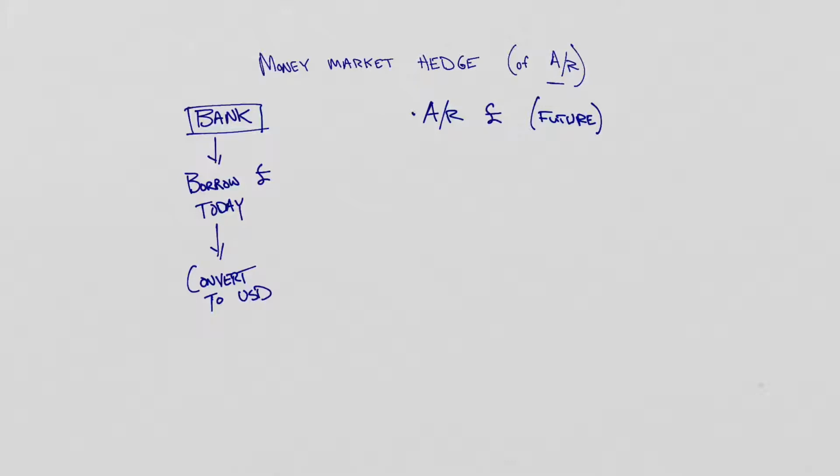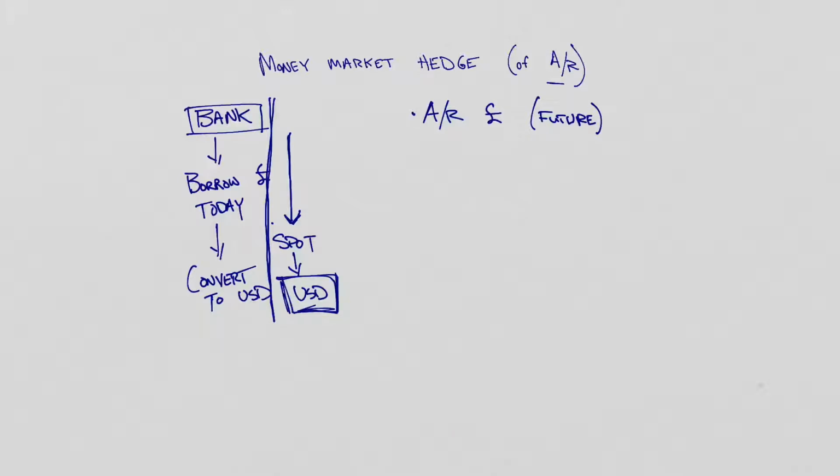And you can see here, we're sort of done, because if we did this quickly enough, as soon as we booked the sale, we went to a bank and borrowed the proceeds in pounds, and with those proceeds, we converted it at the spot rate into USD. And so when I say we're done, I mean we're done with foreign currency risk, because we now know how many USD we're going to get.